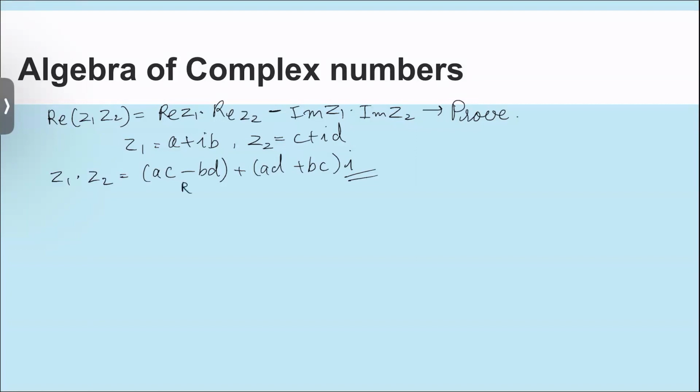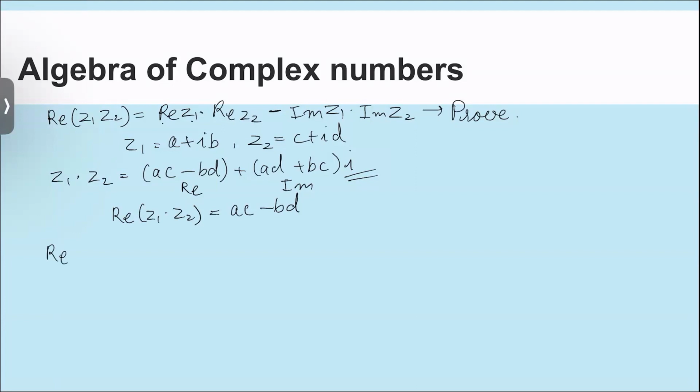This is the real part and this is the imaginary part. So the real part of Z1 Z2 is equal to ac minus bd. Now let's see what value we get for the real part of Z1 times the real part of Z2 minus the imaginary part of Z1 times the imaginary part of Z2.